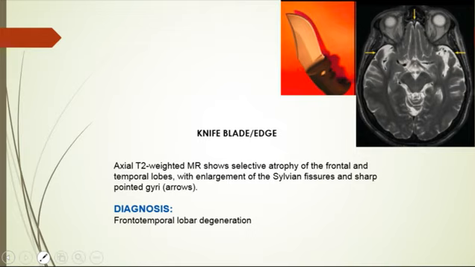At imaging, there is characteristic enlargement of the Sylvian fissure, widening of the sulci, pointed knife edge gyri. Findings may be difficult to distinguish from age-related volume loss and other dementing disorders. Again, like in neurodegenerative disorders, correlation with the clinical picture is very important. You can see this is the knife blade, like here, due to the atrophy and the enlargement of the Sylvian fissure. Okay?